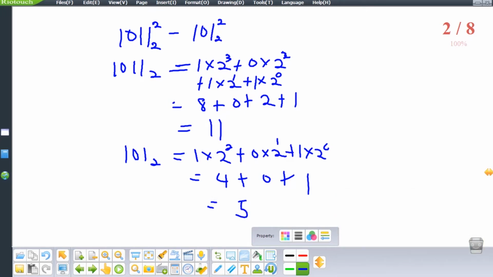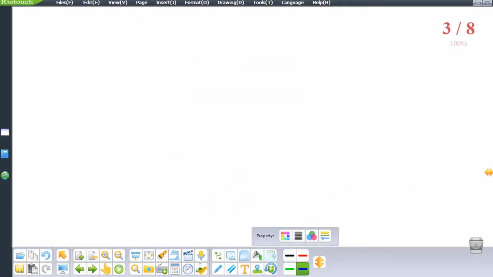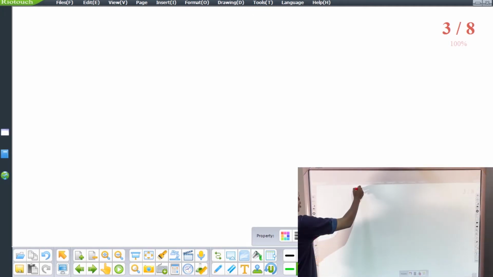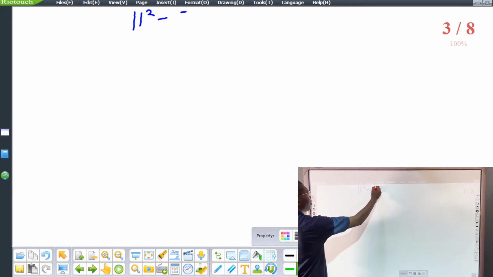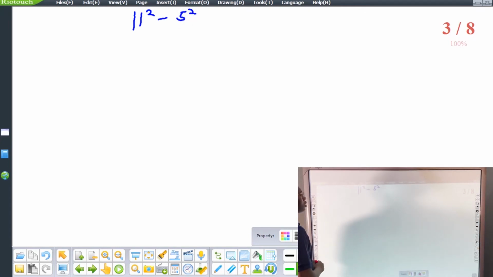So definitely our calculation is now going to be 11 squared minus 5 squared in base 10, converting those numbers from base 2 to base 10. So how do we solve it? We have 11 squared minus 5 squared.